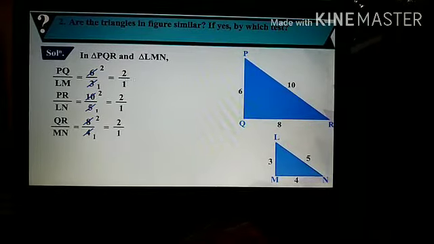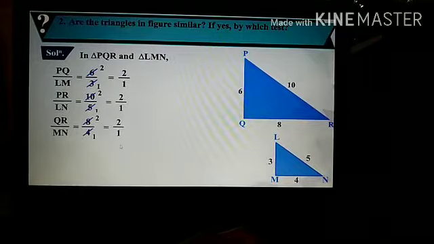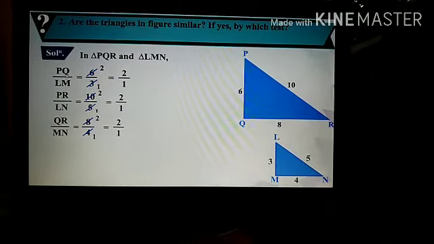So observing all the 3 results, when we found the ratio of their corresponding sides, we found that all the 3 ratios are equal. That is, PQ upon LM is equal to PR upon LN is equal to QR upon MN.